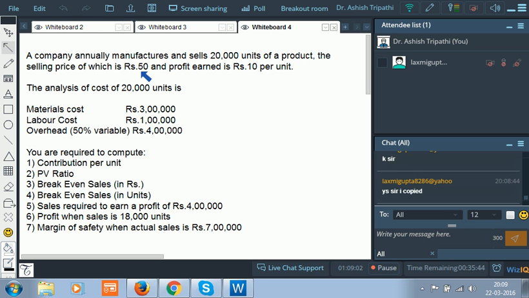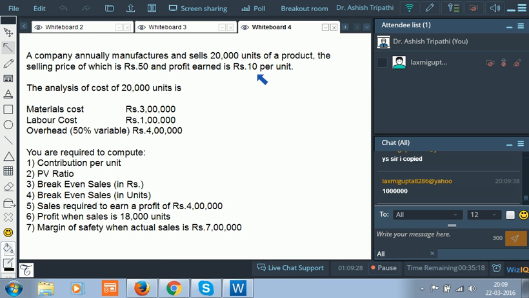So we will be able to calculate sales. We have 20,000 units and 50 rupees per unit selling price. So 20,000 into 50 will give you sales. So 20,000 into 50 will give you how much? Very good, 10 lakhs. So 10 lakhs becomes our sales.